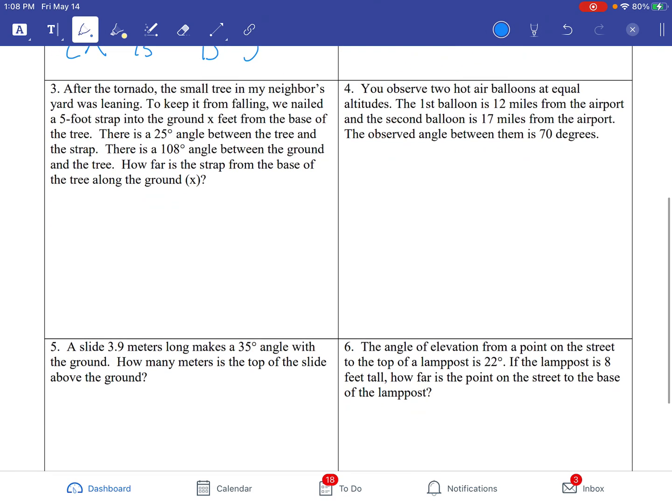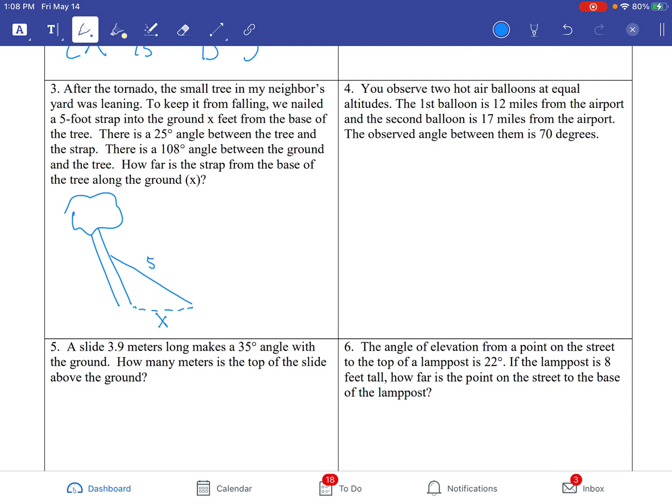Number 3. After the tornado, the small tree in my neighbor's yard was leaning, so let's make a tree that's leaning. To keep it from falling, we nailed a 5-foot strap to the ground X feet from the base. So here's your 5-foot strap. Here's X feet from the base.